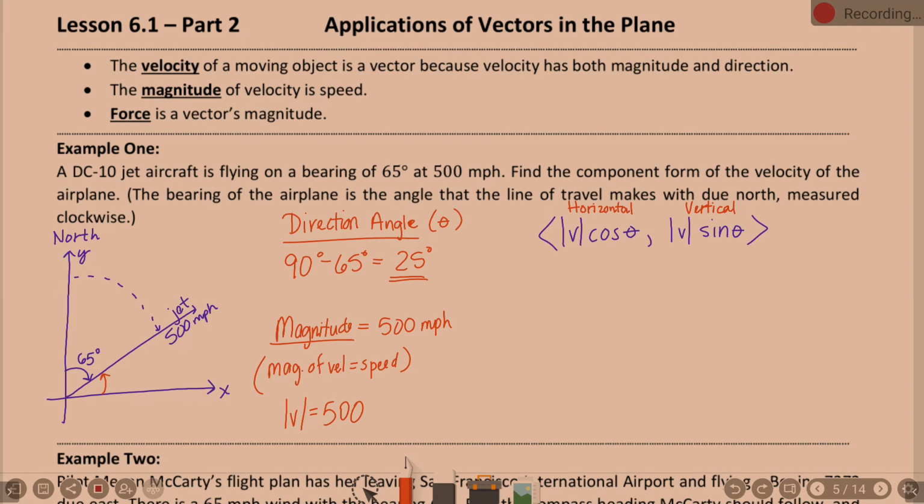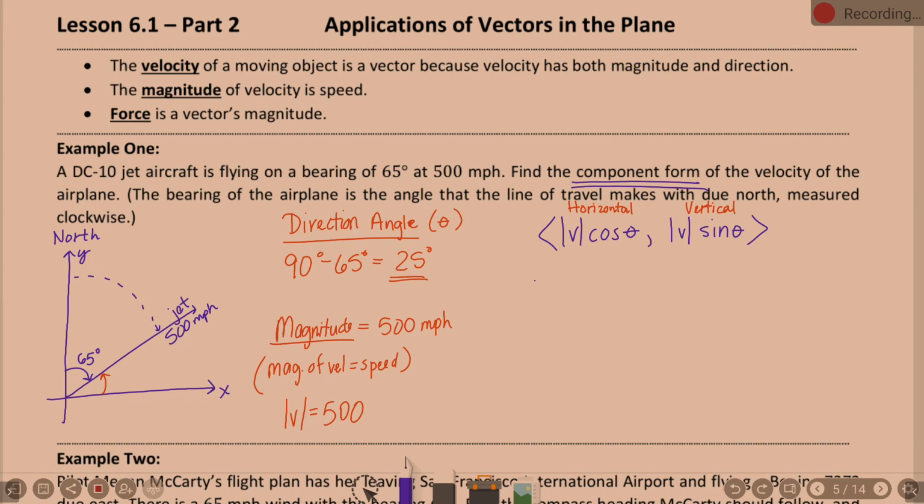Do we have the information to find our component form? Yes. We need the absolute value of V and we need theta, and we have those. Do remember that these are a and b.